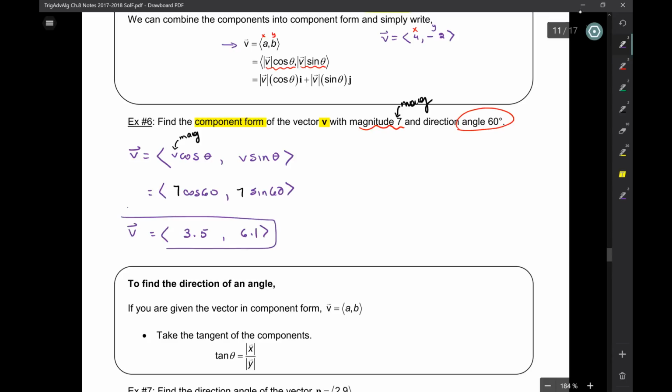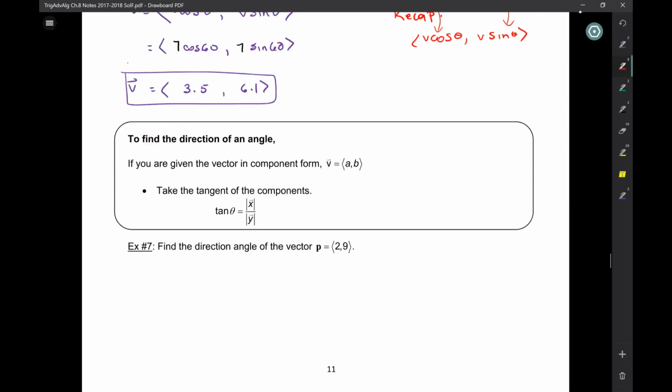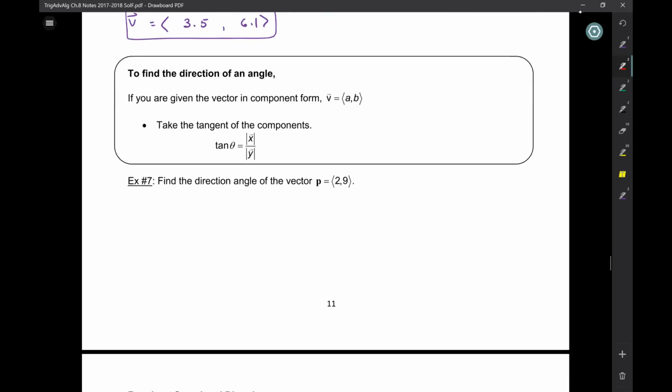Okay, so that's how we write a vector in component form. That's the answer. So to recap, when you want to find the component form, just do v cosine theta, v sine theta, and then we put in the magnitude and the angle.